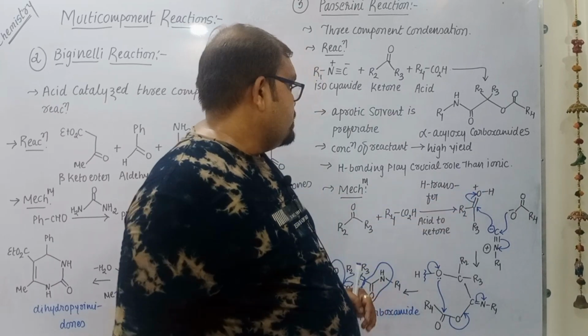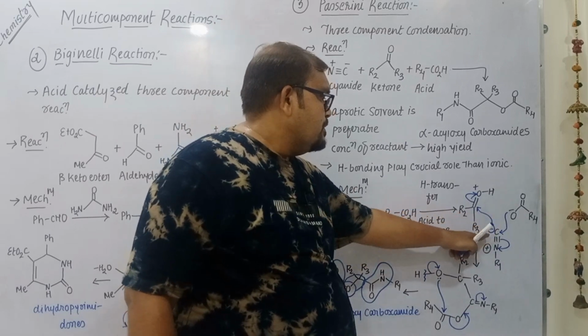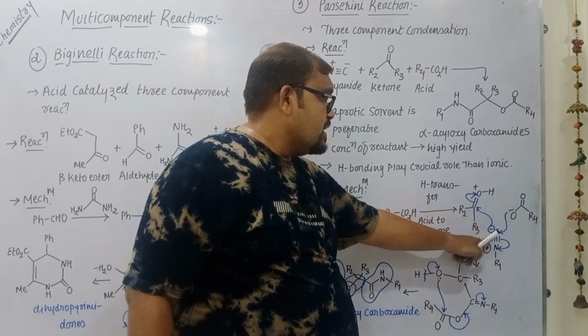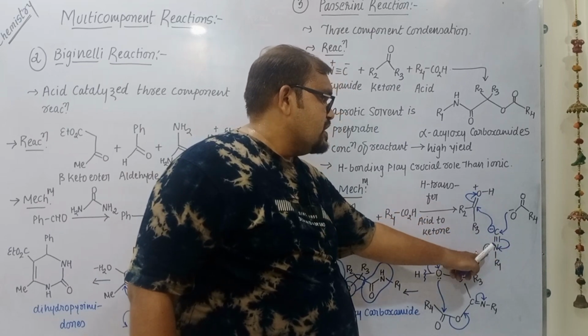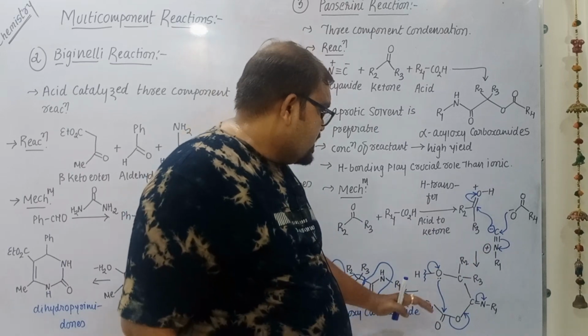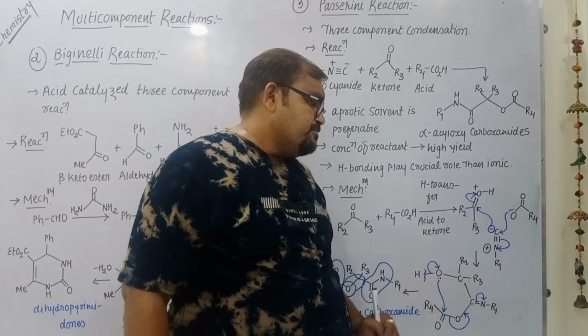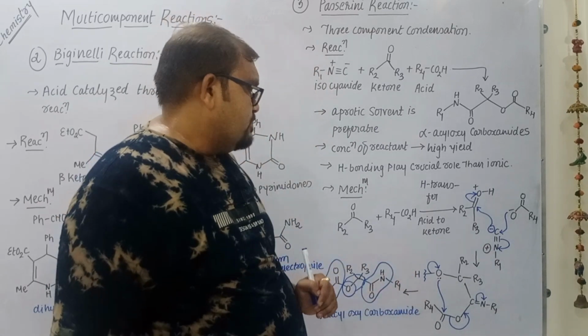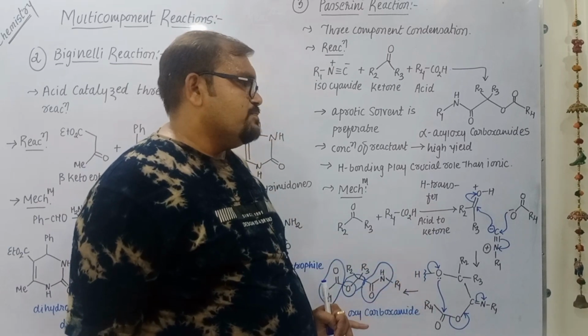In the next step, this acetate ion will attack the carbon of isocyanide, and the pi bonding electron will be shifted over nitrogen to satisfy the charge of nitrogen, and we will get such type of intermediate species. Now in the next step, this hydrogen will be lost in the form of H plus.